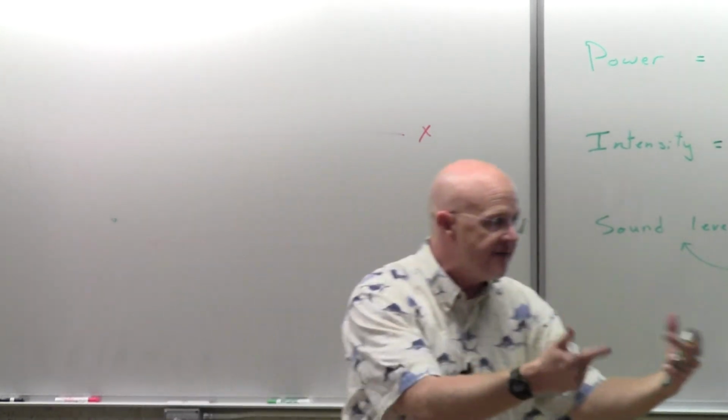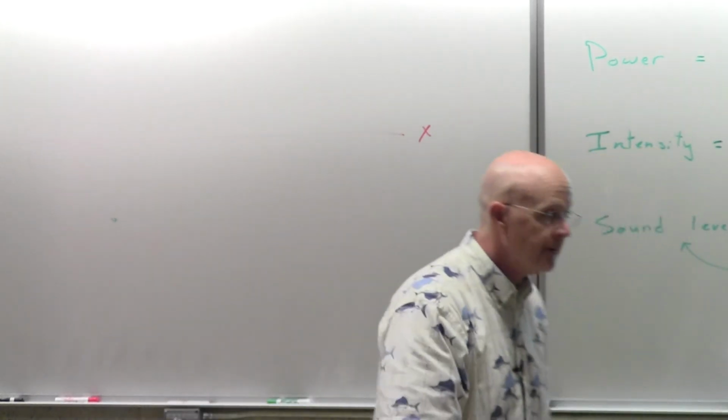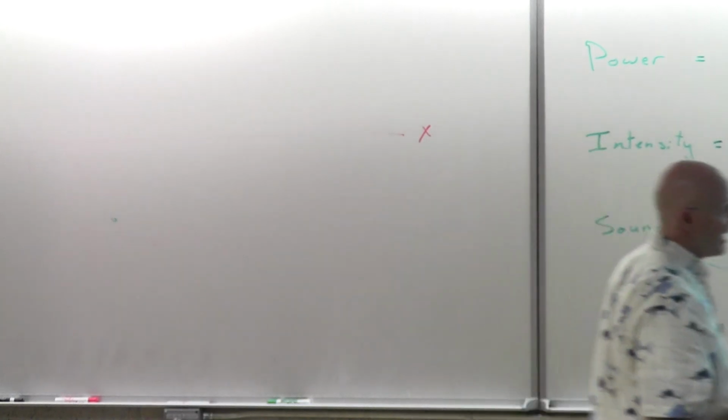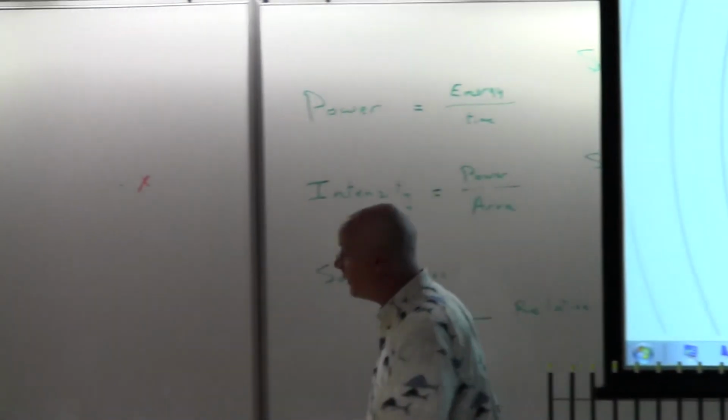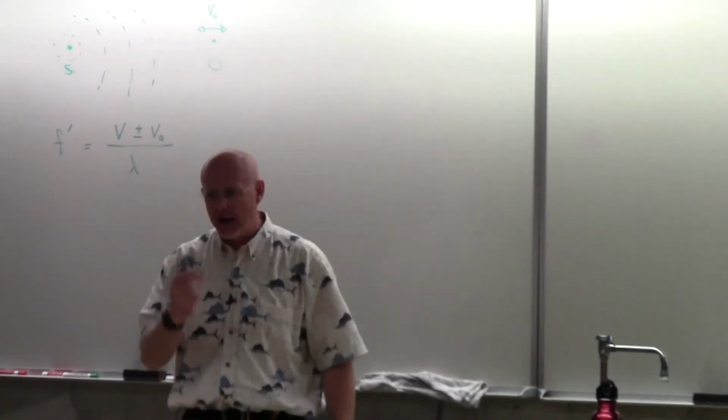It is as if the waves are coming faster. Fair enough? And so that is how I would take into effect the movement of the observer. A slightly higher frequency. Why the minus sign? Why the plus sign? Why 2?